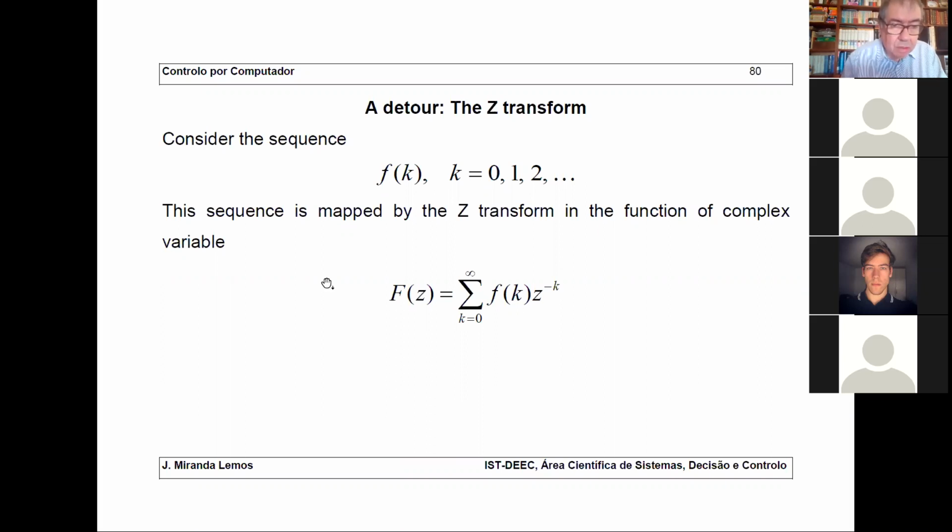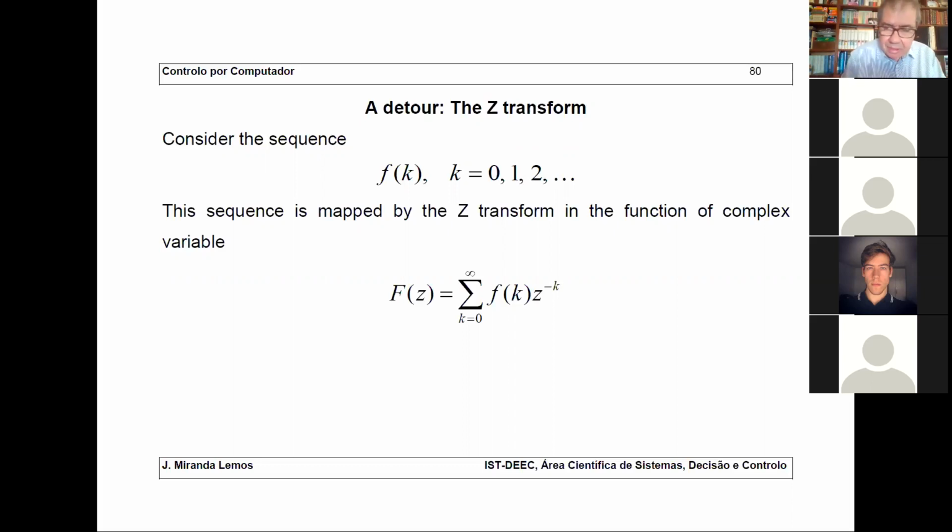Okay, so suppose that you have a function of discrete time k is 0, 1, 2, 3, etc. Okay, we should be careful because if you look at the Z-transform presented by a guy from control like me, k starts at 0. If a professor is from the signal processing community, k starts at minus infinity, so minus 3, minus 2, minus 1, 0, 1, 2, 3.